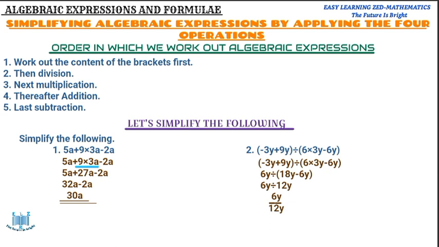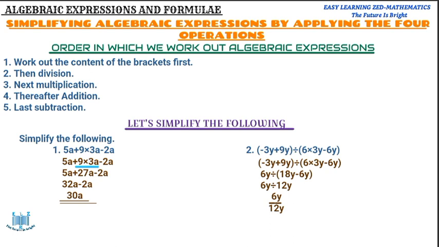Then I'm going to divide the numerator and the denominator by the common factor, which is the highest common factor. In this case, the highest common factor is 6y. 6y can go into 6y as well as into 12y.